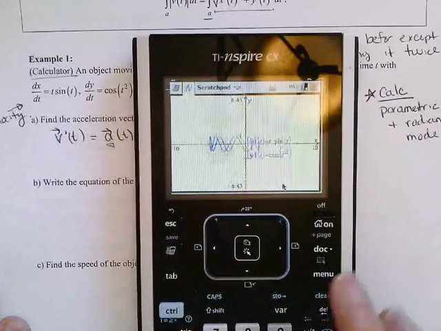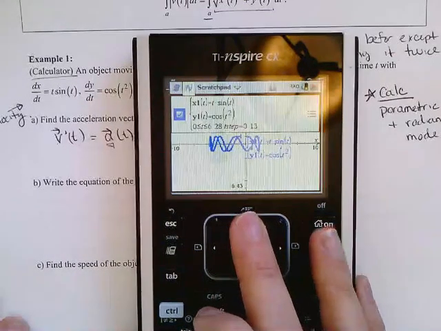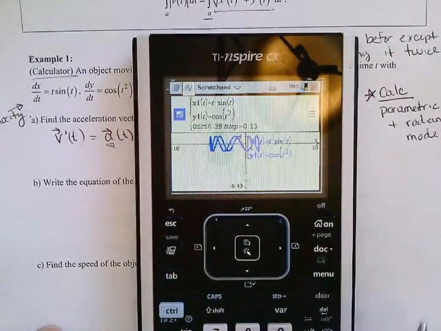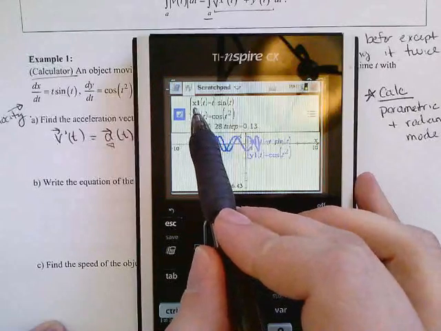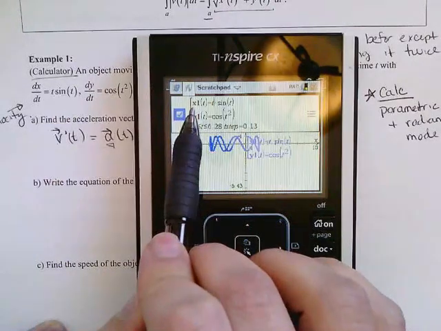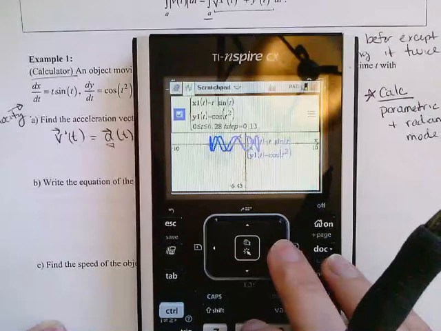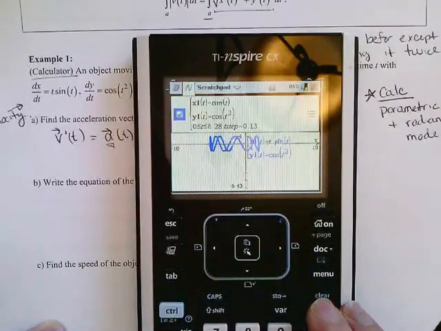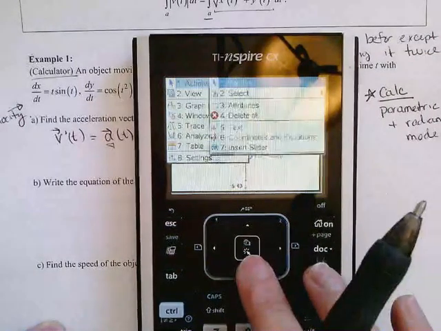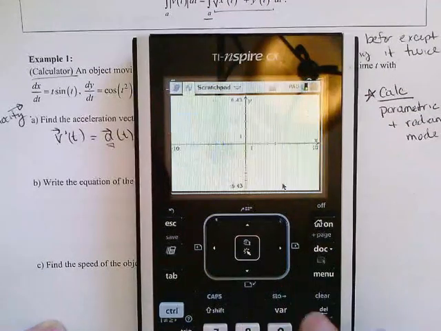So the first thing we're going to do is put your calculator in parametric graphing mode, and a few key things. Right now I'm just graphing the derivative of x and the derivative of y because that's what's given. So I know I'm graphing it under x1 and y1, but keep in mind those are not the position functions. So a few things when you are plotting these, let me just delete all, just to show you exactly how to do this.